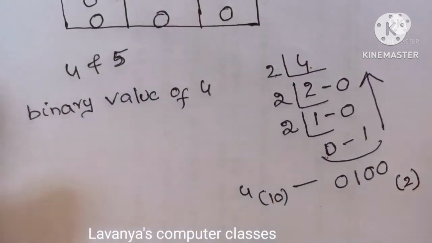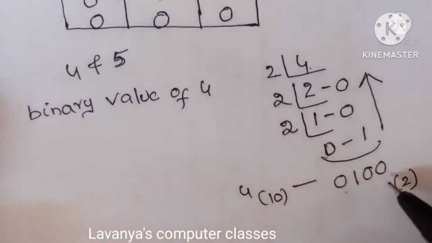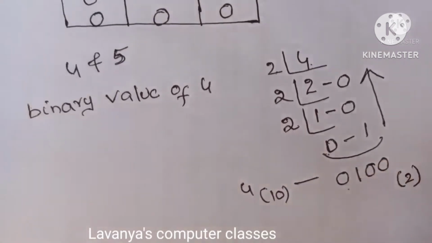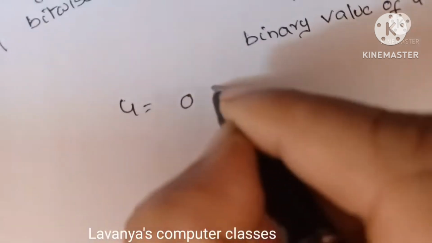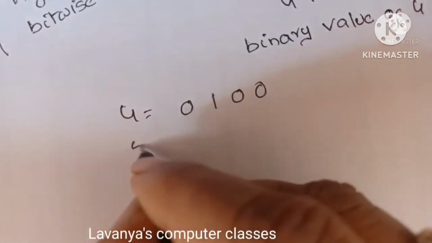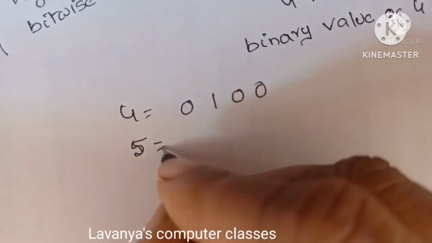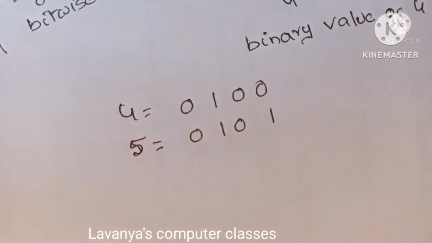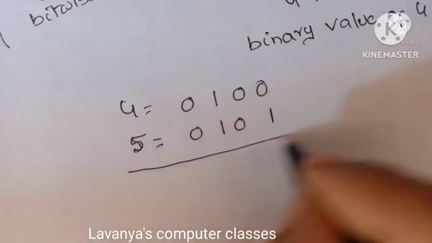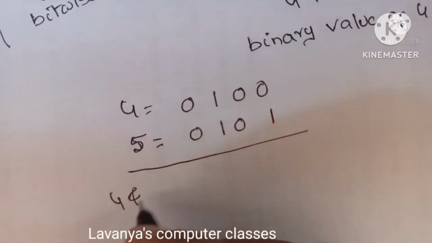These are called bits. The binary number system is base 2, which is why everything is converted into zeros and ones. So 4 is 0, 1, 0, 0. Similarly, 5 is 0, 1, 0, 1. Now we apply the bitwise AND operator between 4 and 5.